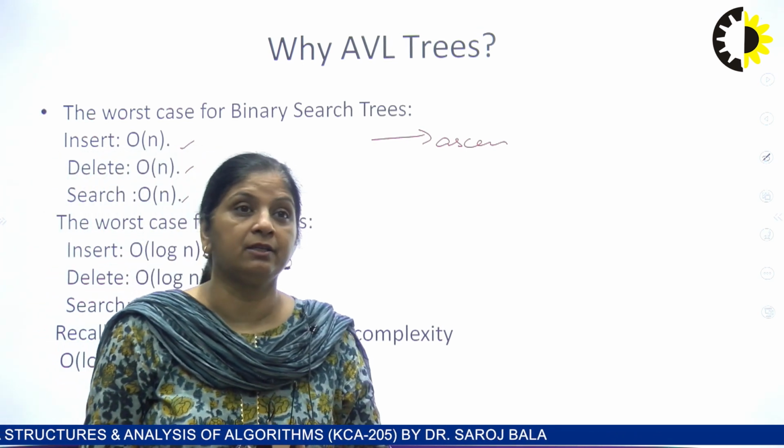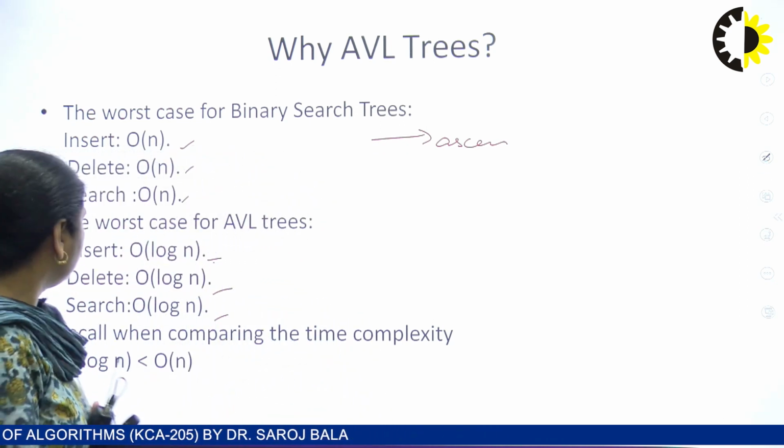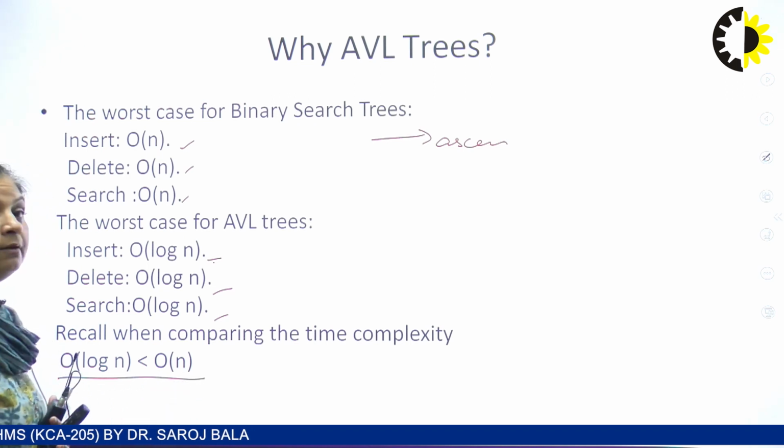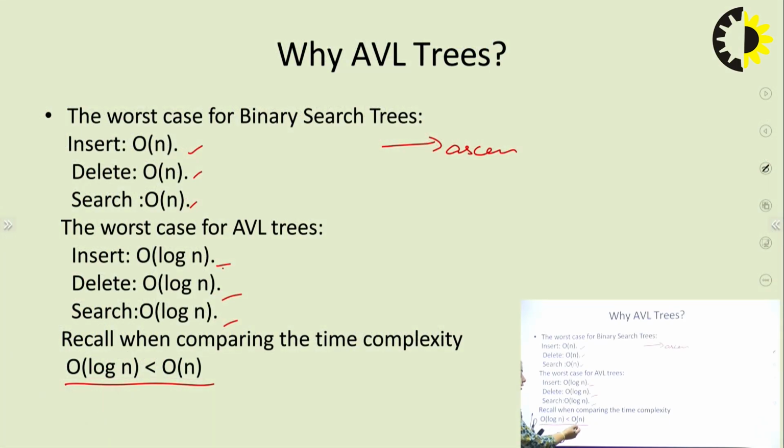For very large n, this difference is very high. Order of log n is very much less than the worst case complexity of a binary search tree. That's why we go for AVL trees.